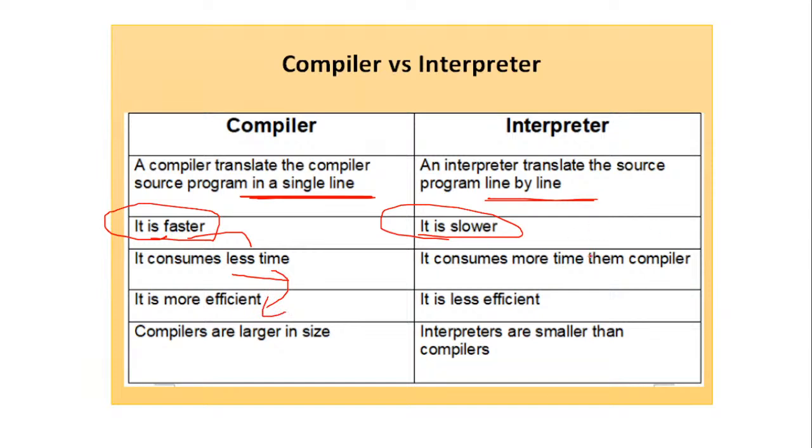If it is slower, it requires more time, so the efficiency will be less. Compilers are larger in size, interpreters are smaller than compilers. Don't write sentences in your notes that create more confusion. Make notes in such a way that they are very clear. Whatever twisted sentence the question comes in, you should be very focused.